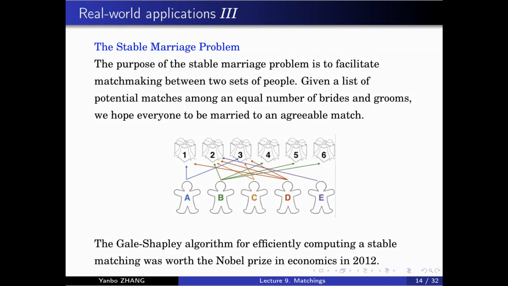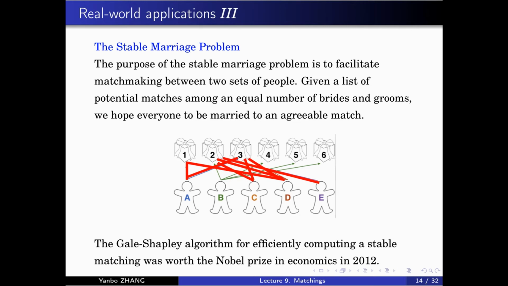Here in this graph, we cannot find a perfect matching because A wants 1 and 3, C wants 2 and 3, D wants 1, 2, 3, and E wants 2.